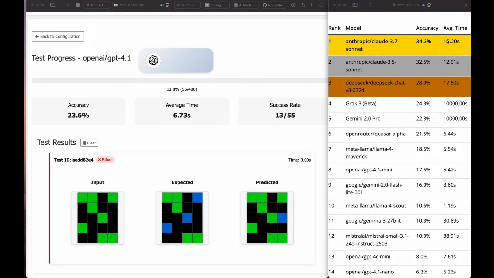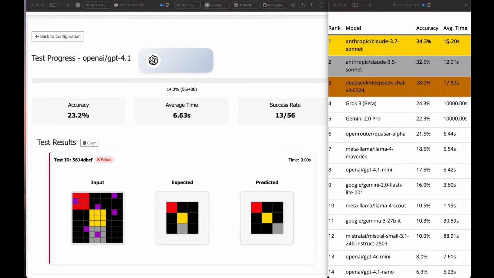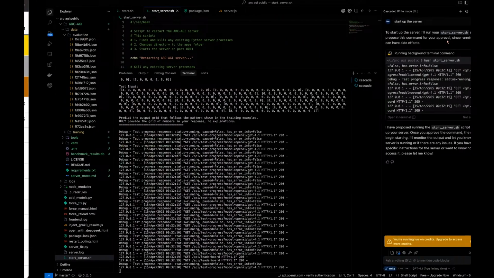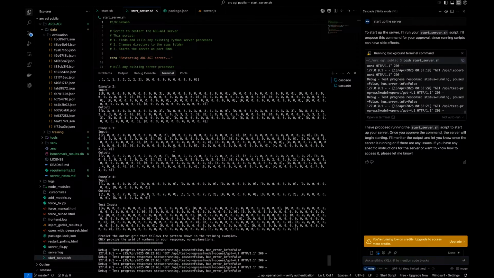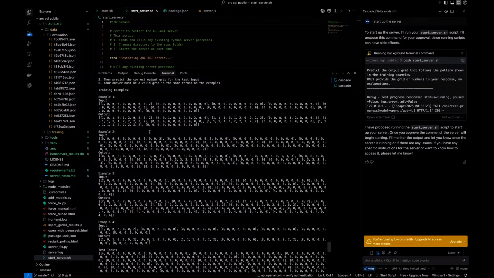ARC AGI is a kind of overlook at the models. It does mean that the model is actually intelligent when you talk about raw intelligence. And the reason is that, if you look at the response, let me show you the response actually. Here you can see this is the response that you get. It's just a matrix.